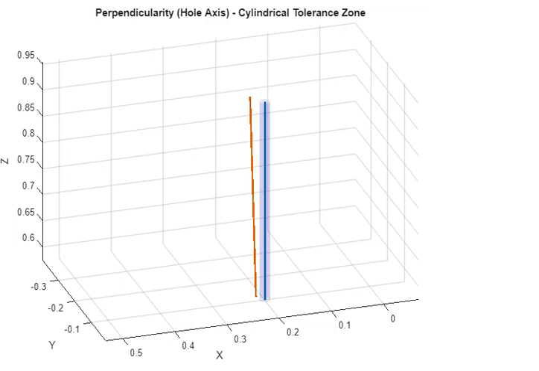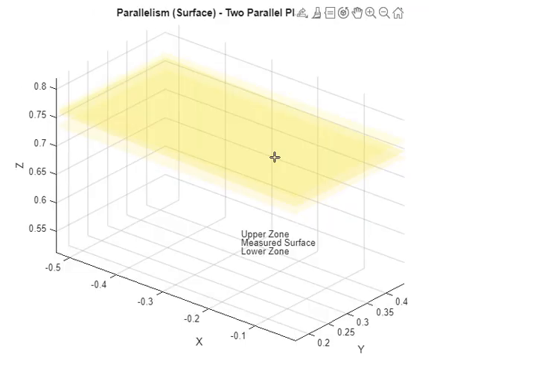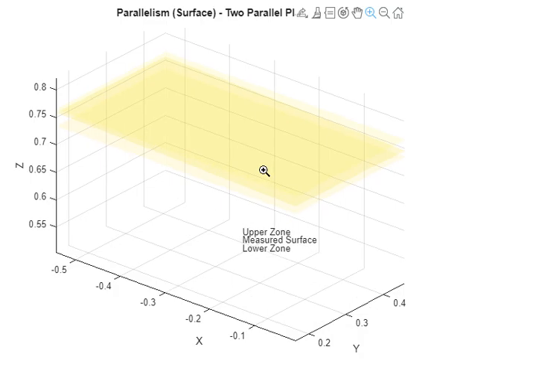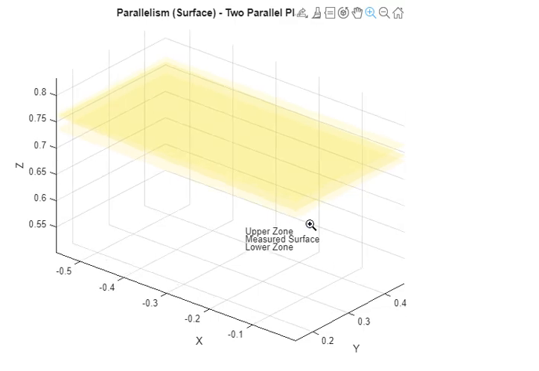Alright, then another one here is your parallelism, your GD&T. You can see how your upper zone, measure surface, and the lower zone are in very tiny deviations here. So pay attention to your axis measurement.